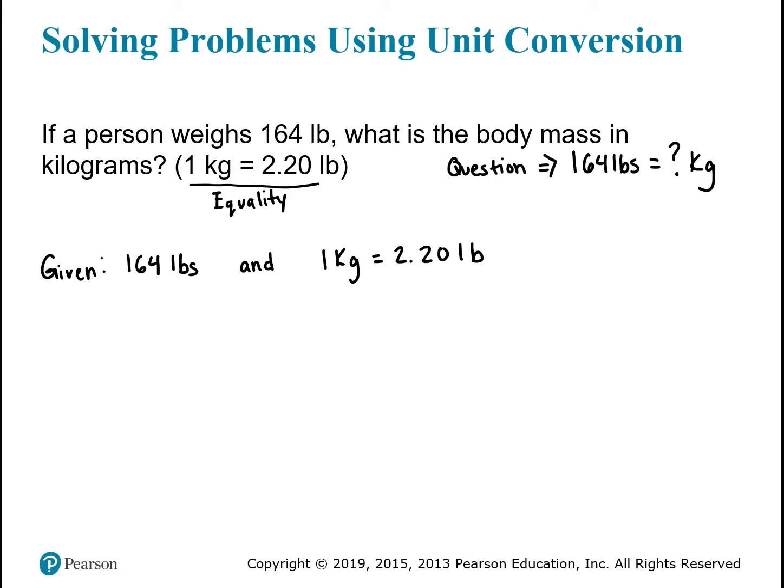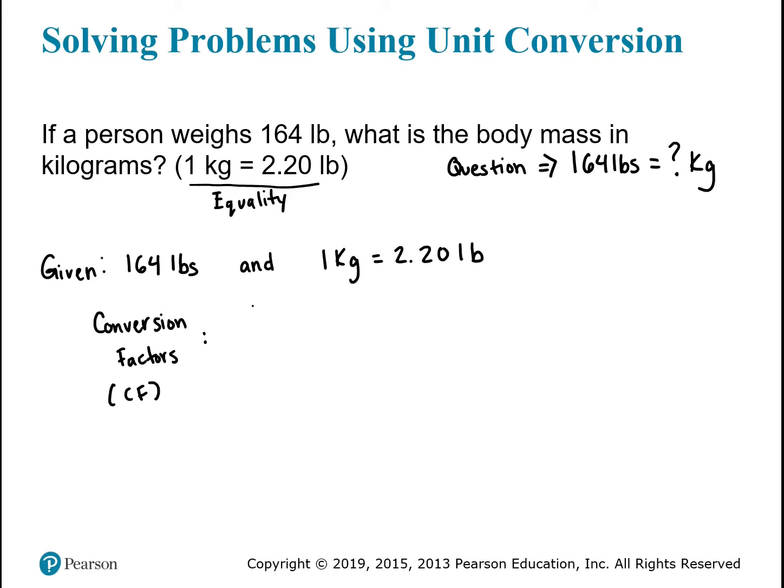We know that if we have an equality, we can write conversion factors. And one of those conversion factors will help us get from pounds to kilograms. The conversion factors look like fractions. I will from now on abbreviate conversion factor CF.